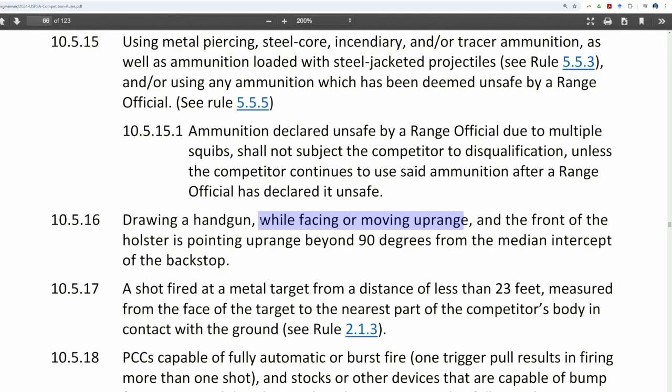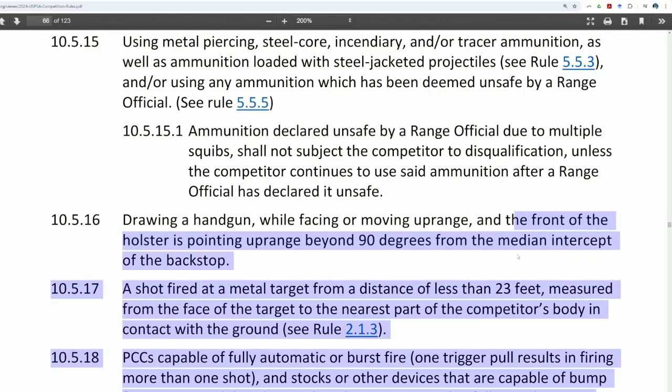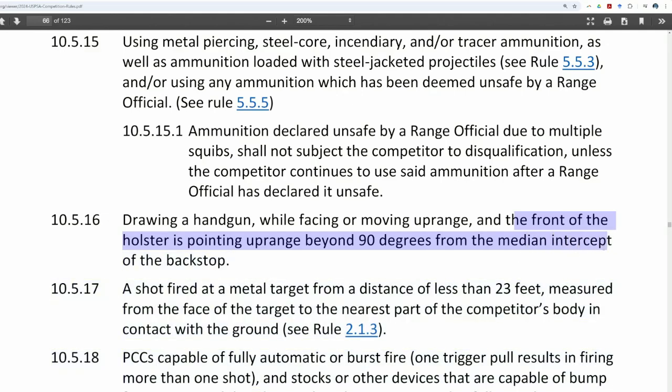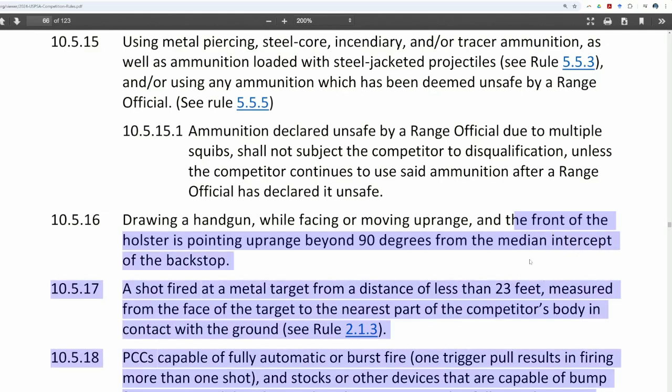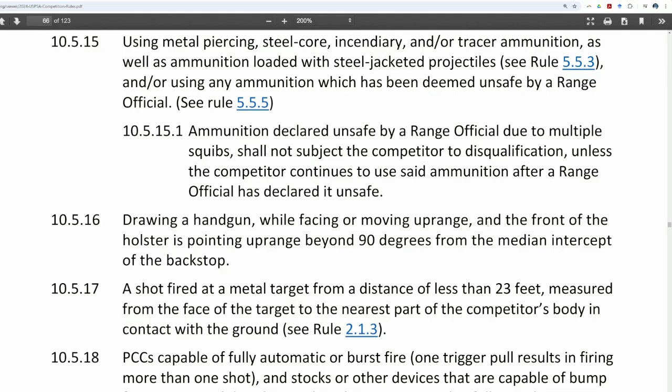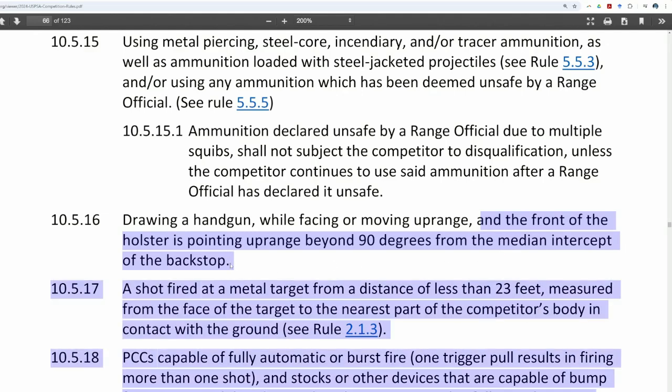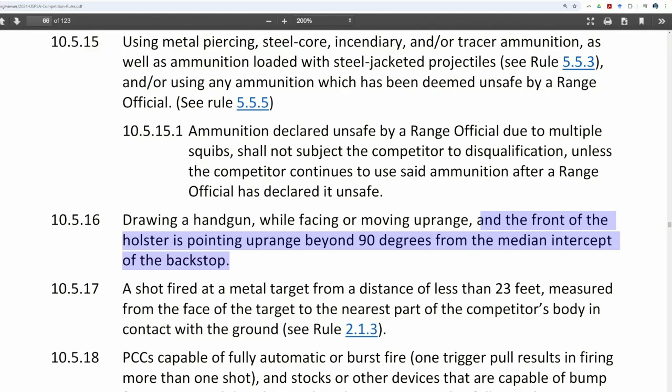This clause doesn't exist. And this whole front side of the holster thing only applies to 10.5.16. It does not apply to 10.5.2 and 10.5.6, despite what the NROI has been interpreting and training ROs at major matches and RMs to arbitrate.